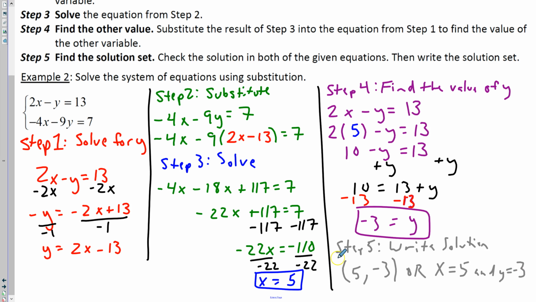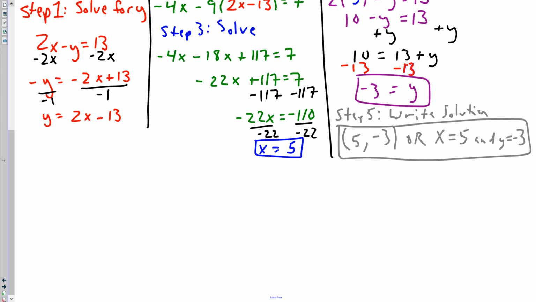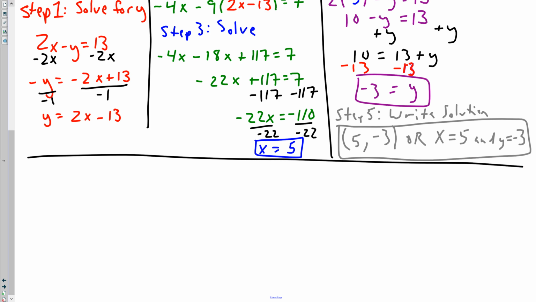Now here, also in step 5, they also suggest for us to check our answer. And that's the nice thing about these algebraic methods as well, is they allow us to go ahead and check, right? Did I actually find the correct solution or not?